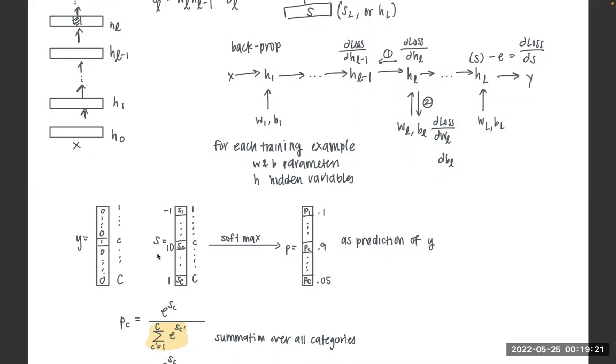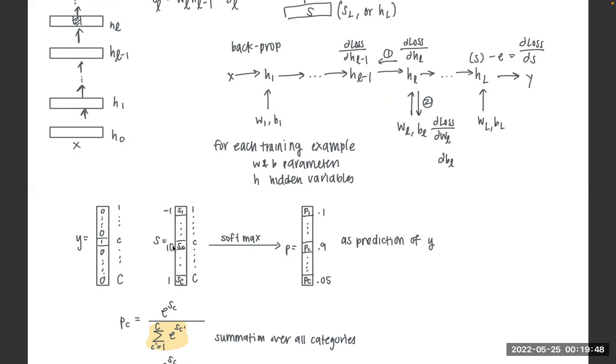Therefore, for prediction, we only need to see which category has the maximum score. If this category has the maximum score, we then classify Y to be that particular category. So this is like taking the argmax, right? We look at which element achieves the maximum score.